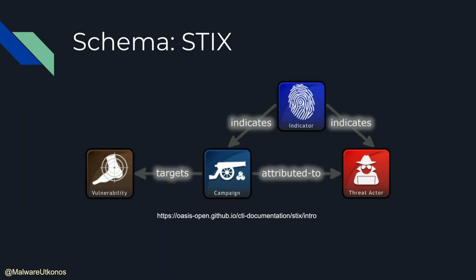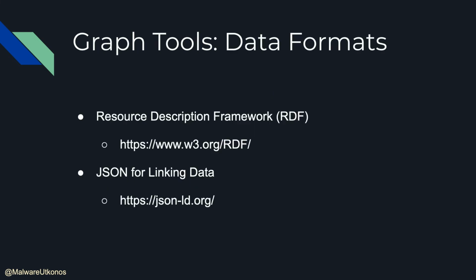That is absolutely a graph. So what you should do is use software that allows you to graph your graph data. If you've got Stix data, or just threat data in general, use a graph. What I want to cover is some of the tools that I use. So the data formats in the graph land, you have the Resource Description Framework, RDF. This is the one that I use.